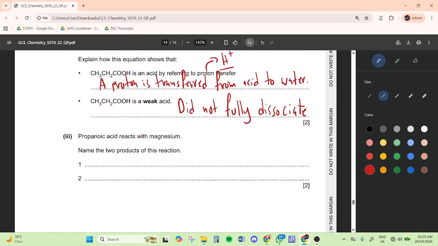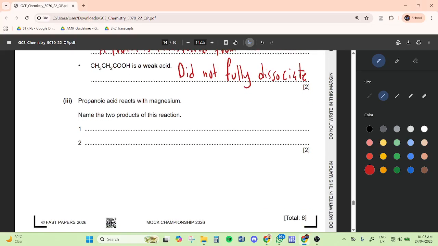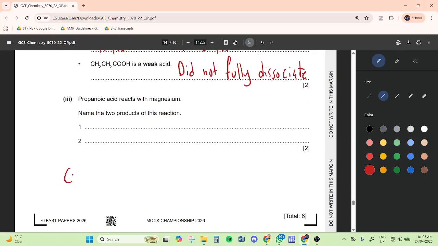All right, propanoic acid reacts with magnesium. Name 2 products of this reaction. So if we do the equation, CH3CH2COOH plus magnesium. So we're going to call this magnesium propanoate. So I'm going to write this down over here.